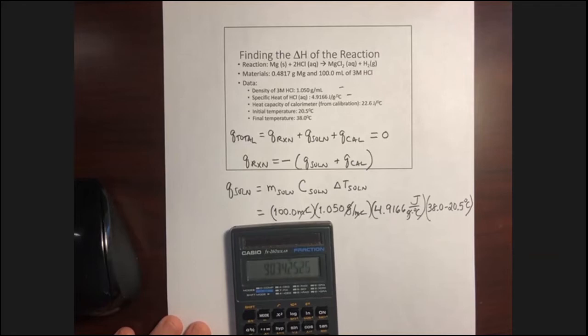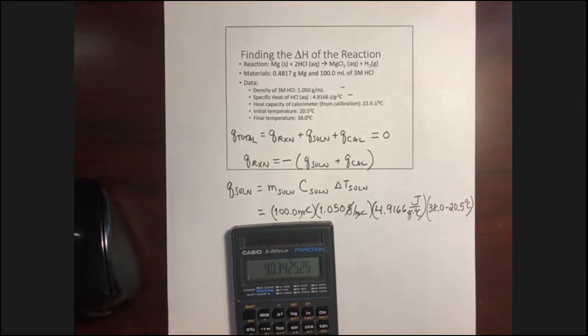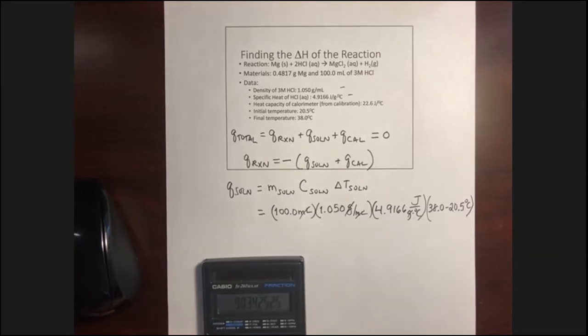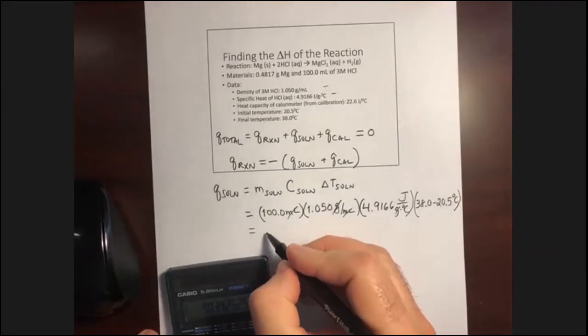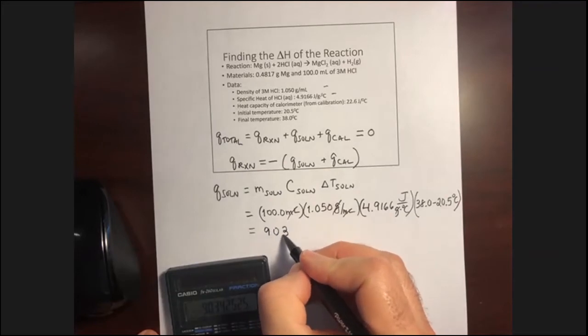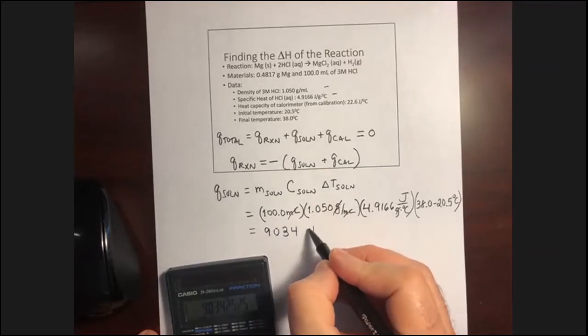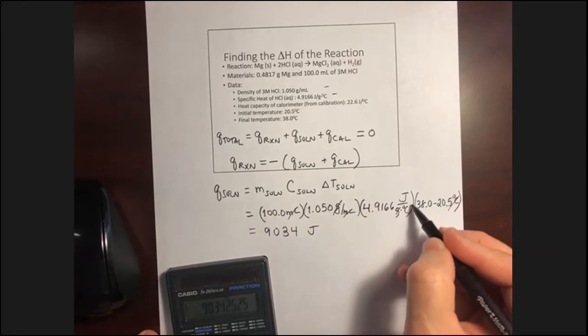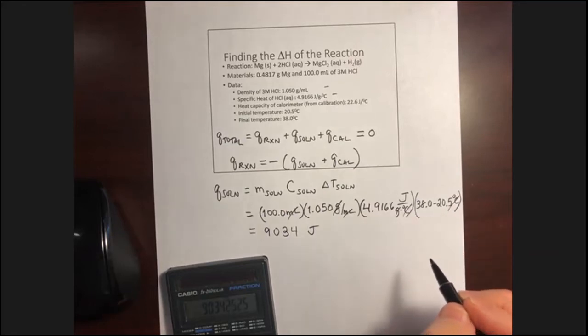So that's like 9,034 point something, but we're pushing the sig figs here. So this would be roughly 9,034 joules. Notice that all of the other units cancel out.